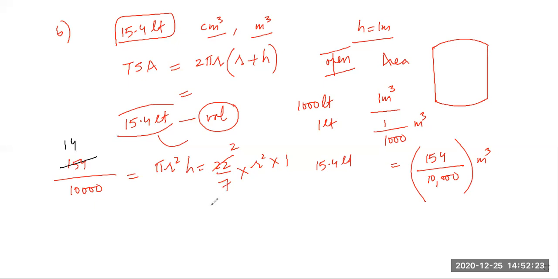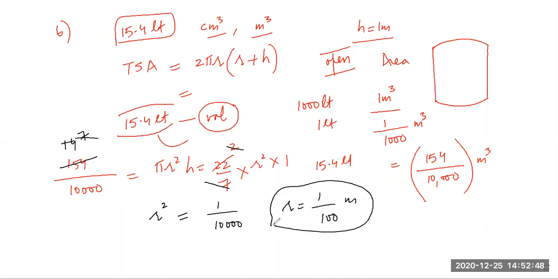So r square would be equal to, students, beautiful, 1 by 10,000.